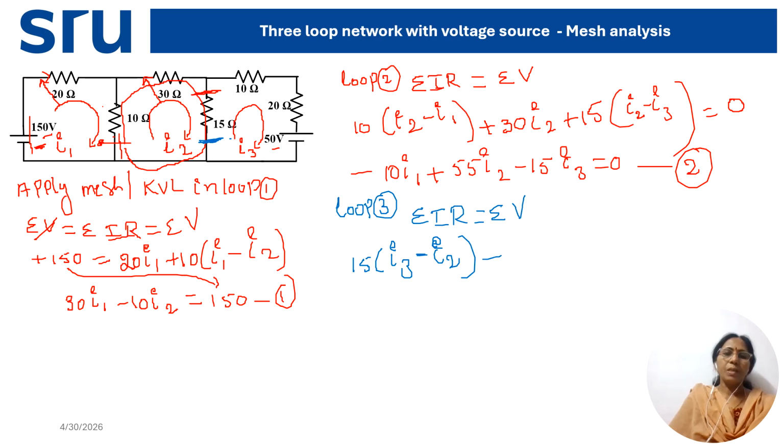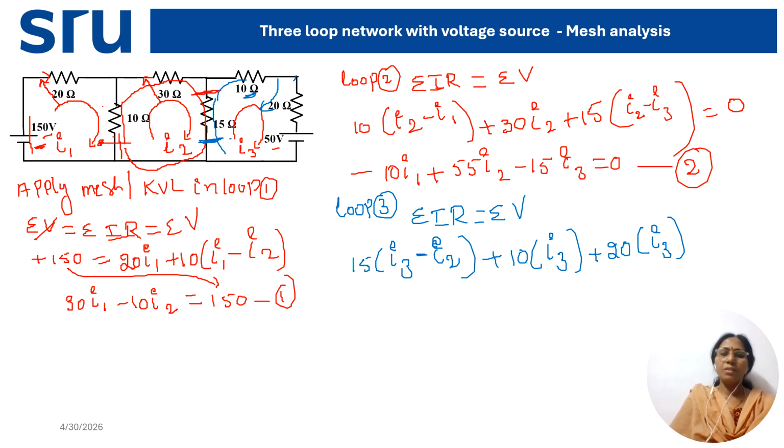Then plus, what is the next element after 15? 10 is there. Okay. Now plus 10 into, now what is the current? This current is same as I3. 10 into I3. Next, what is the next element? 20 is also there. Then plus 20 into I3.